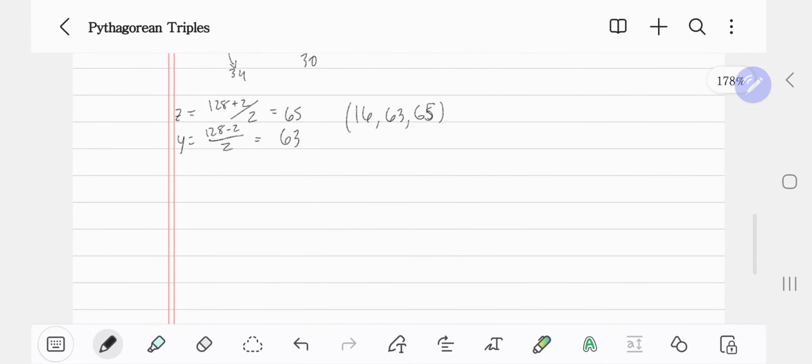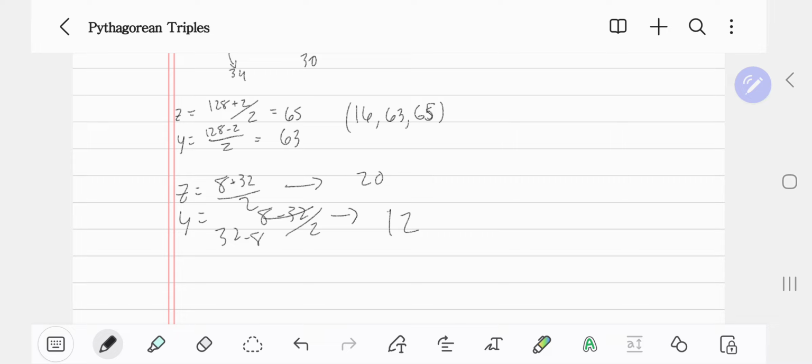My bad. 8 plus 32 over 2, and 8 minus 32 over 2. Okay, here we go. That's 40 over 2, which is 20, and 32 minus 8 is 24, over 2 is 12.